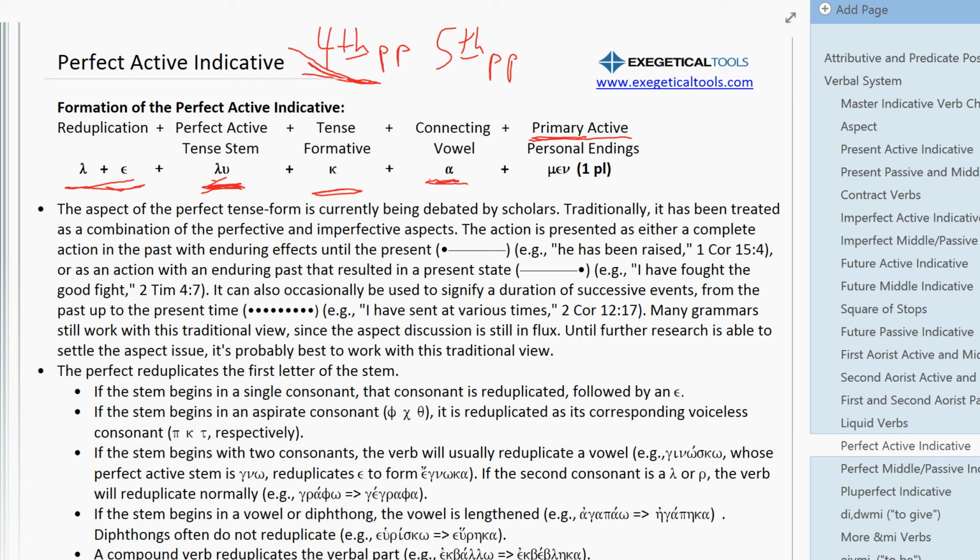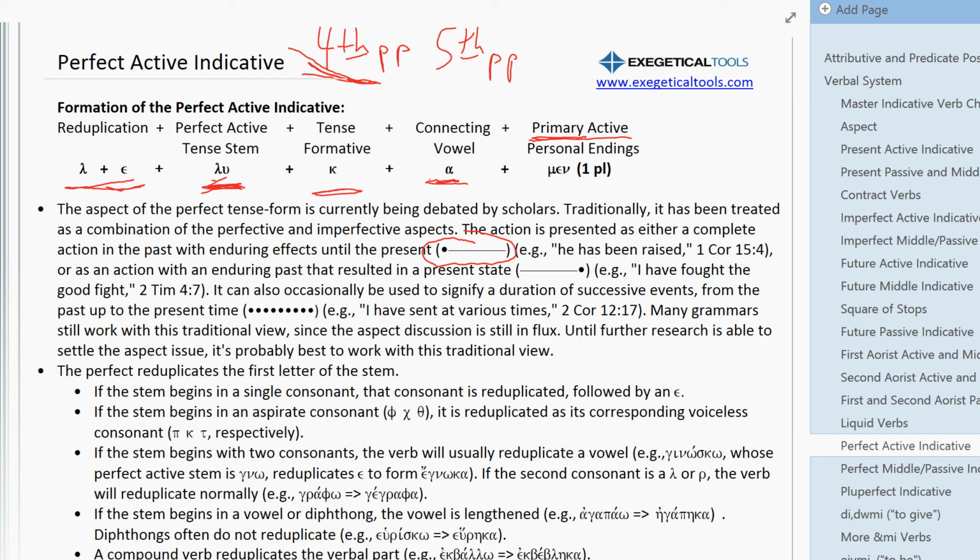For example, you can see these 2 little diagrams here. The action is presented as either a complete action in the past with enduring effects until the present. That would be like "he has been raised" in 1 Corinthians 15:4. That is, he was raised in the past and he still is raised. Or it could be presented as an action with an enduring past, which results in a present state.